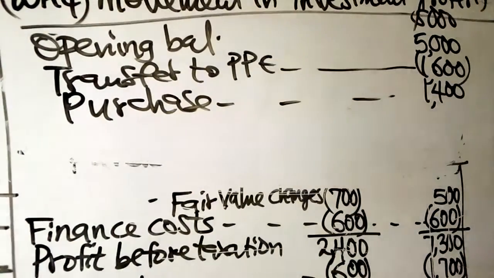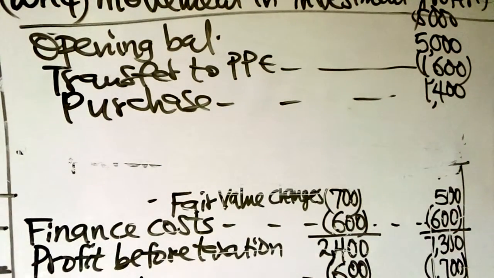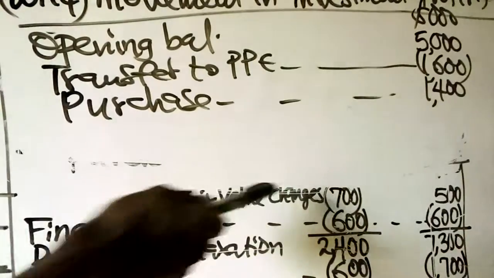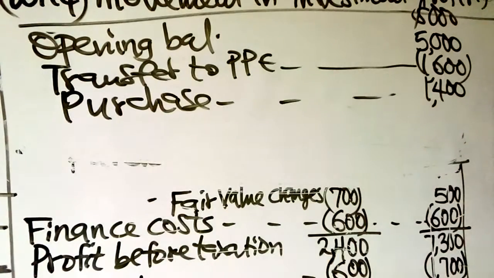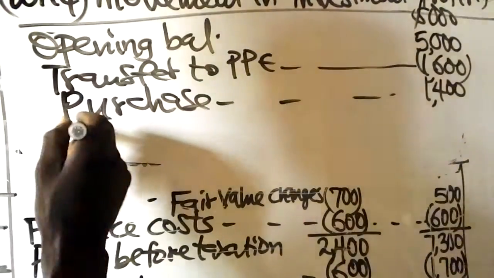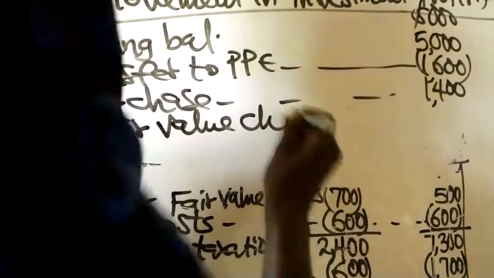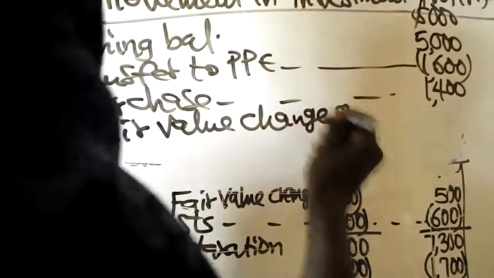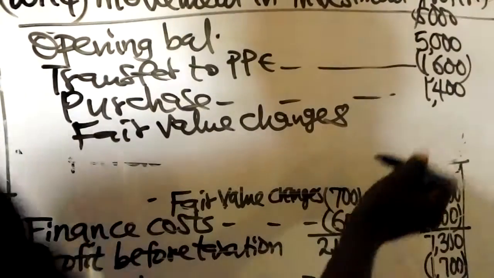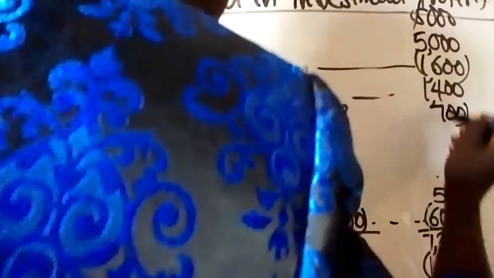Then you also have fair value changes on investment property, which is 700. This is a fair value deficit. That is why it is in brackets, because it is a deficit.